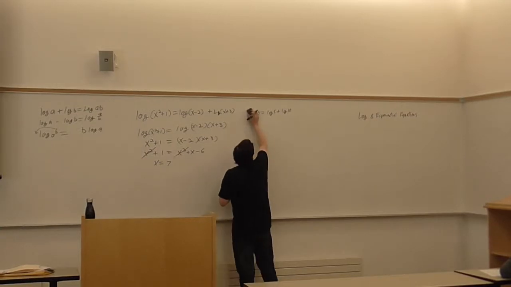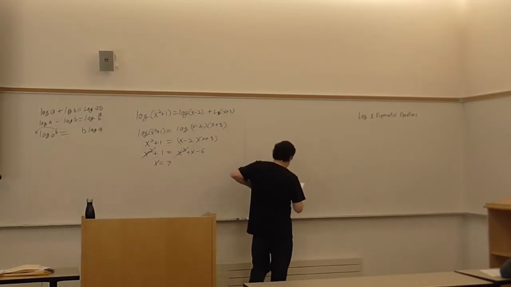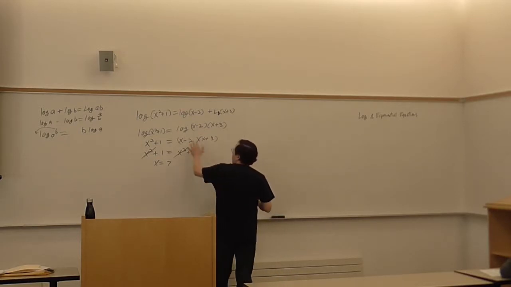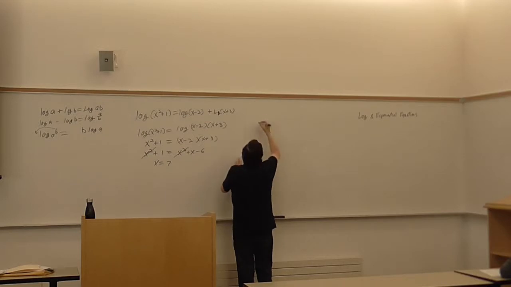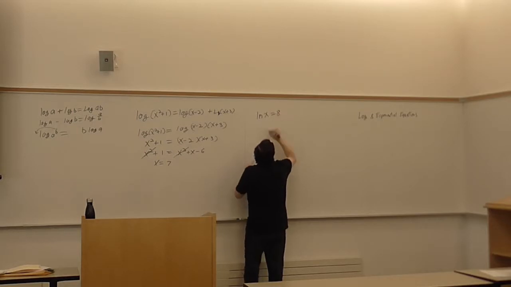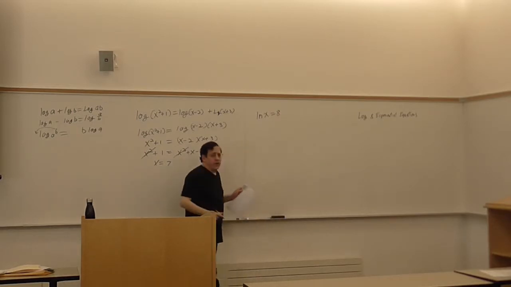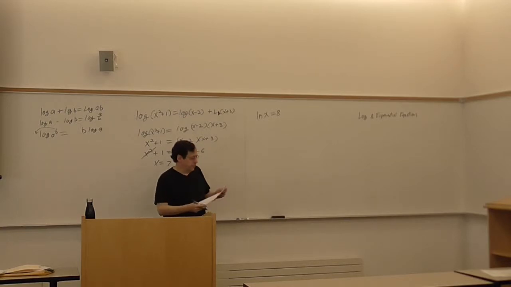It's good to keep in mind this transformation here. I have, say, the natural log of x equal to 8. I can always rewrite that, not as a log statement, but as an exponential statement.